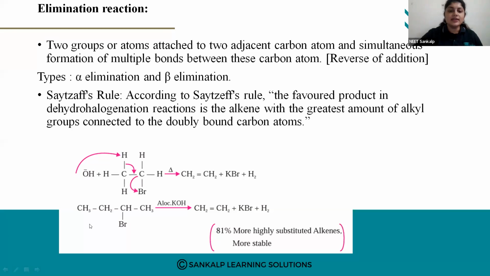Elimination reaction is also called dehydrohalogenation. When two groups or atoms attached to two different adjacent carbon atoms are removed with simultaneous formation of multiple bonds between these carbon atoms, it leads to elimination reaction. There are two types: one is alpha elimination, second is beta elimination.